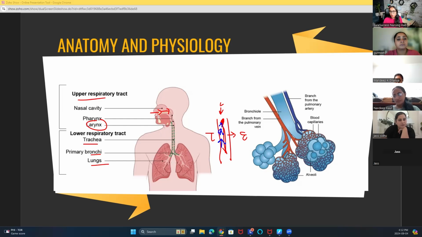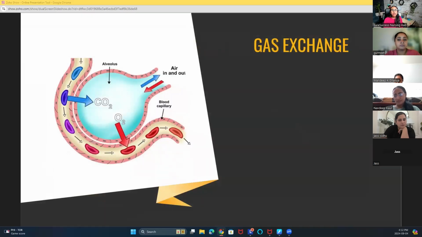Now let's learn about gas exchange. Once you are breathing air in and out, it goes to the alveoli. How is the gas exchange happening as per the picture? Help me, Mandeep.